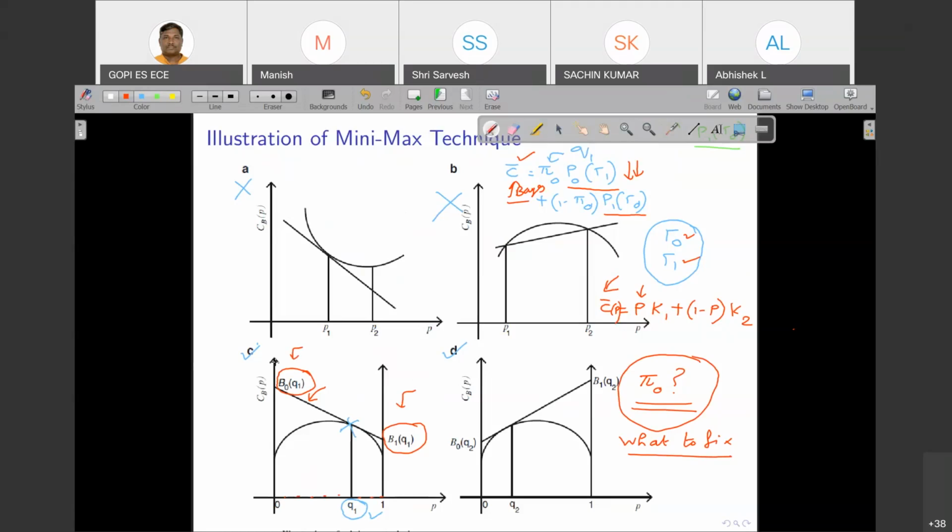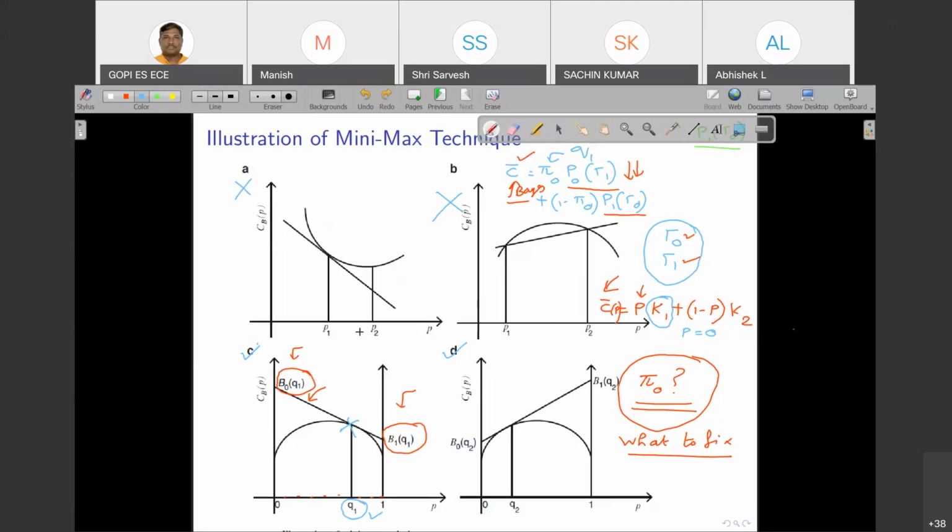In other words, in this expression, if you put P equal to 0, you get K1. I'm sorry, it should be the other way around.